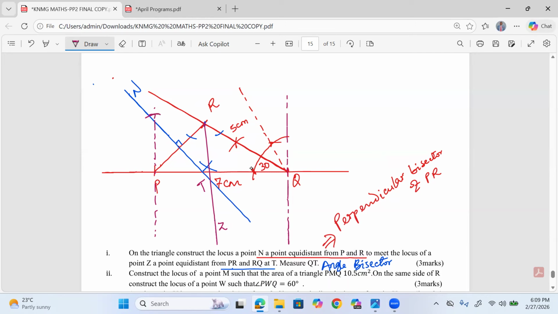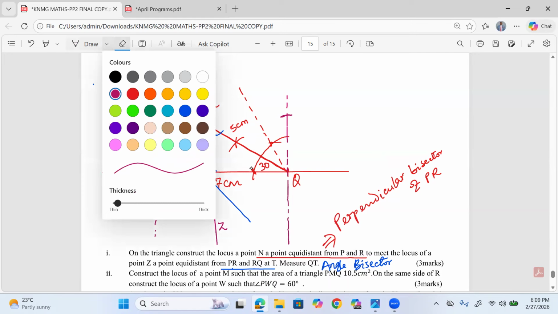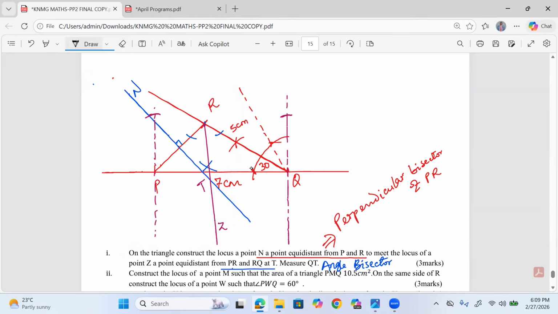Standing at Q, you measure also 3 centimeters above, like that. So when you connect the two marks, 3 centimeters from the line PQ, you'll get the locus of M.